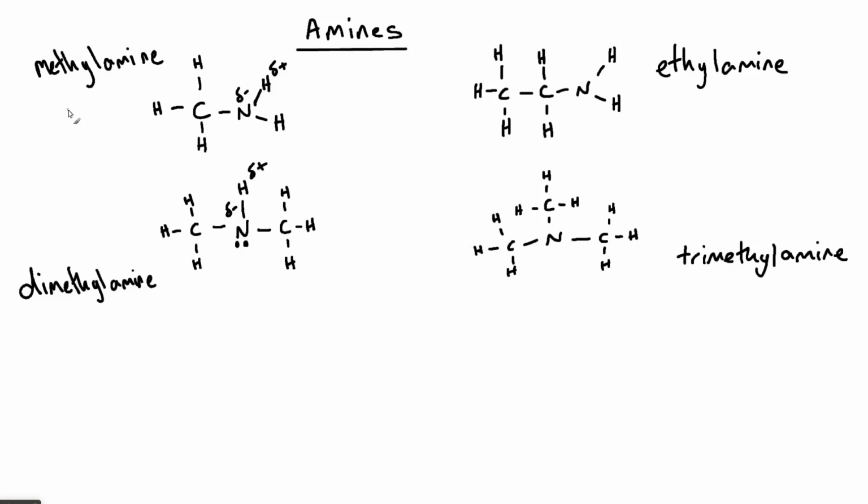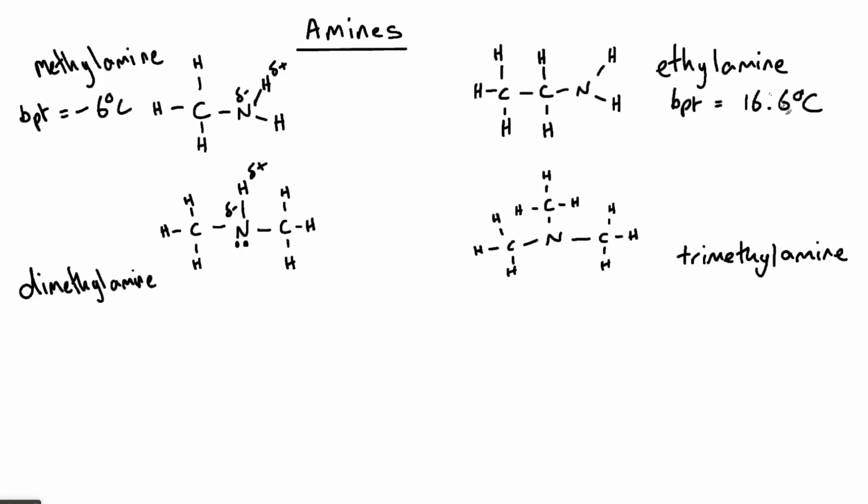For example, methylamine has got a boiling point of about -6 degrees Celsius. So basically it will boil at -6. It'll be a gas by the time we get to room temperature at about 20 degrees Celsius. Even ethylamine, as the carbon chain gets longer, the boiling point will go up, but ethylamine has got a boiling point of about 16.6 degrees Celsius.